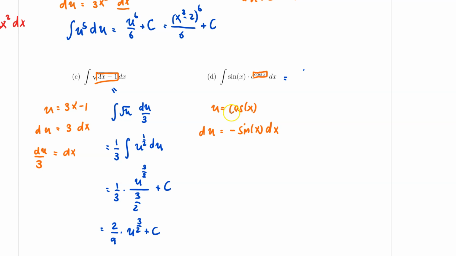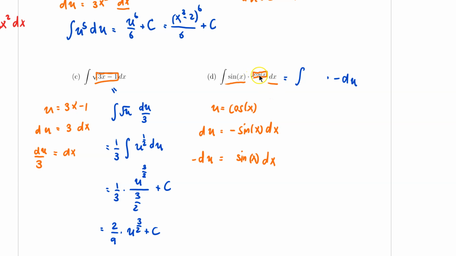So if I were to rewrite this integral, I will have sine of x dx, right? So I'm gonna move the negative sign here to the other side. In other words, sine x dx is gonna be just the negative du.